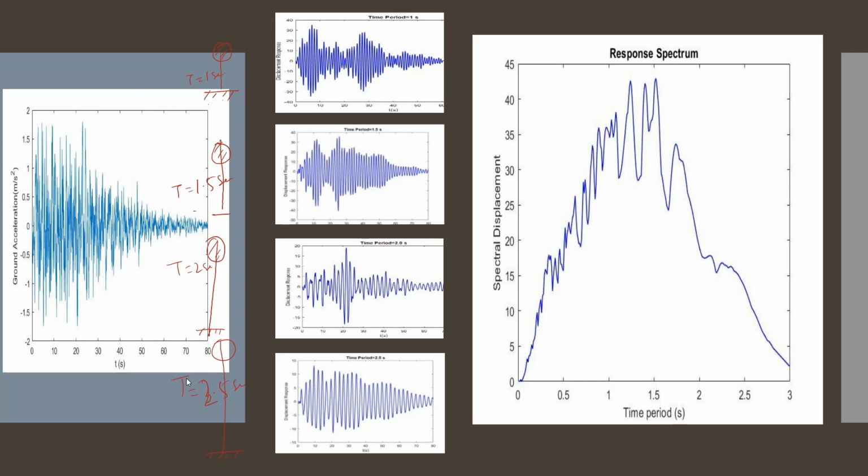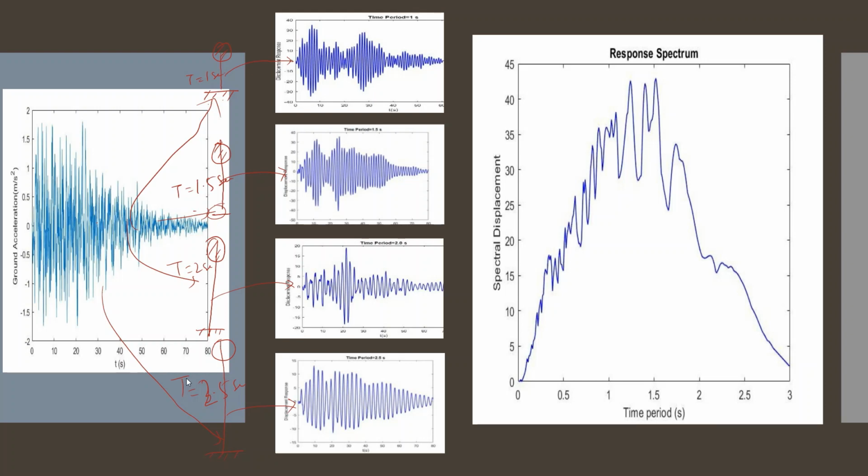The same earthquake acceleration is acting at the base of all four structures, having time periods of 1 second, 1.5 seconds, 2 seconds, and 2.5 seconds. Corresponding to 1 second, this is the response. For 1.5 second, this is the response. For 2 second, this is the response, and for 2.5 second, this is the response.